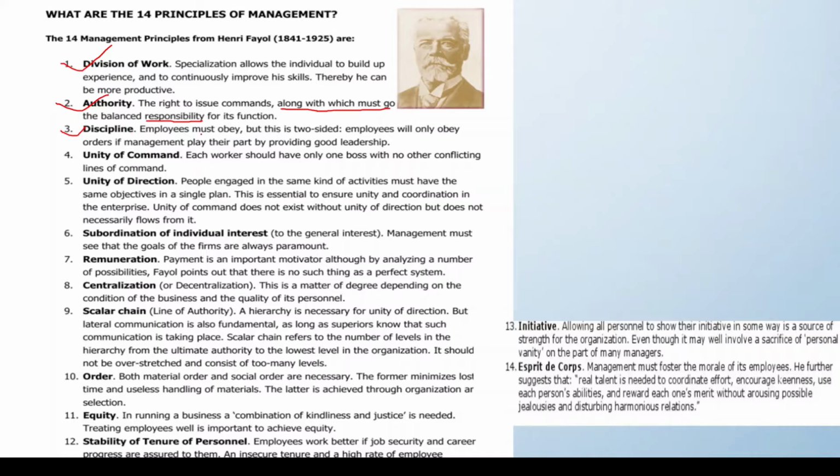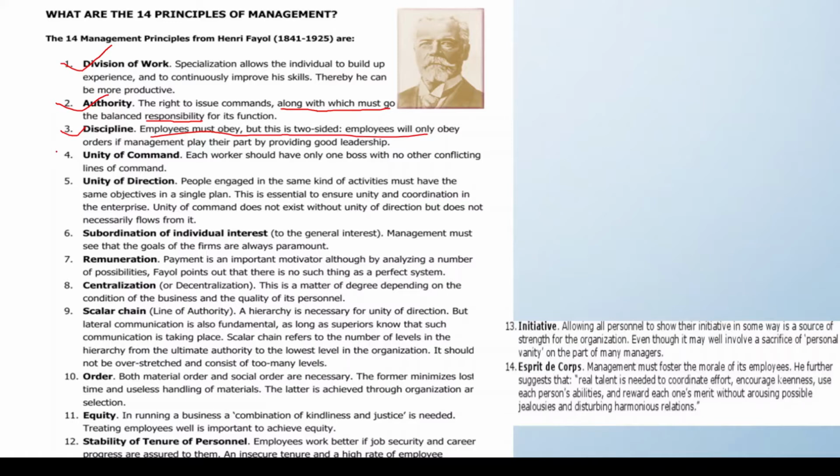If we want the employees to follow our orders, then we have to play our part. We as the management have to provide good leadership and good discipline. We have to also be disciplined. We have to do our responsibility, our task on time. So that is written here.